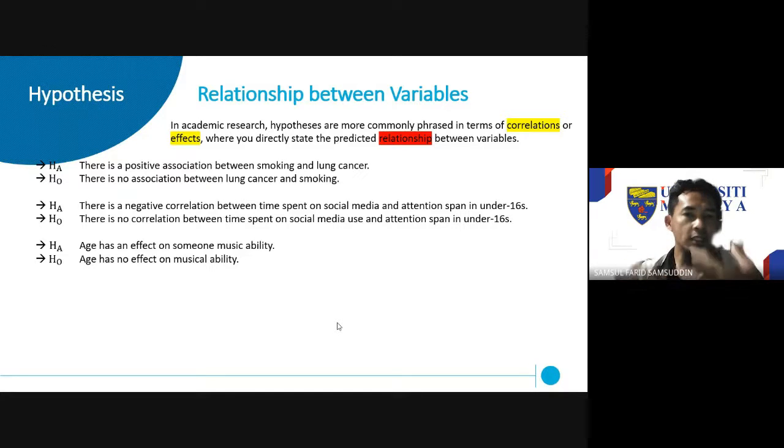When you handle a research, it must be clear, it must be justified, it must be logical, it must be clearly justified in terms of being visible, credible, and valid.